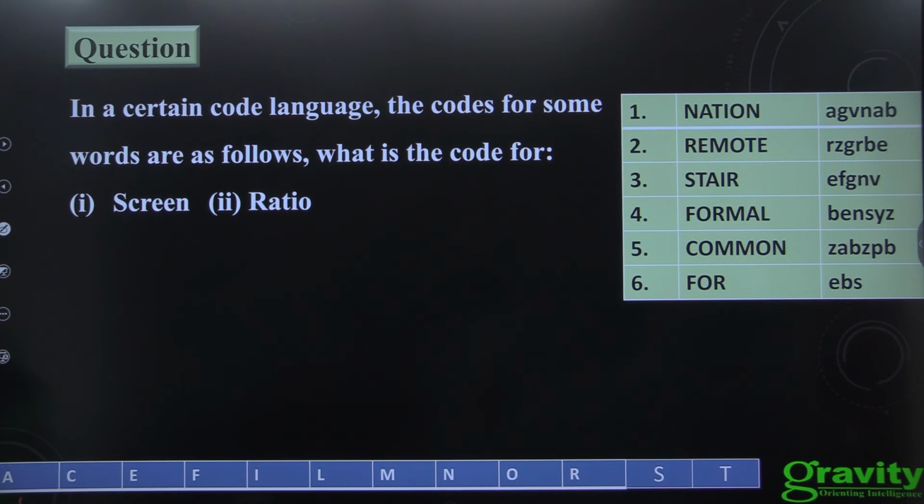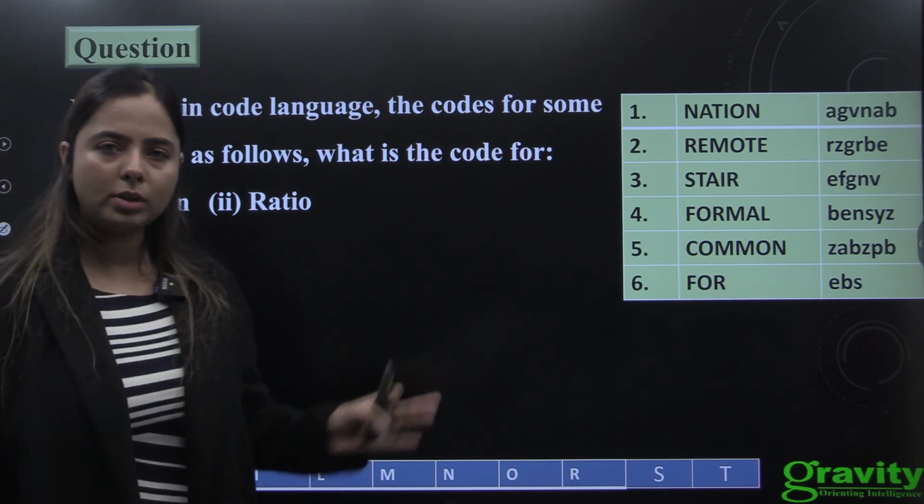Try it out. Now please explain. Has anyone got some of the codes?